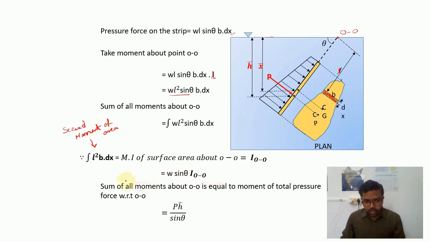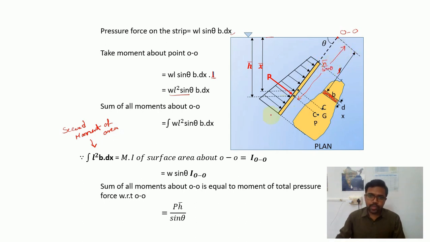It can also be written as the sum of all moments about OO is equal to the moment of the total force with respect to OO. The moment of force is P, the total force, multiplied with the perpendicular distance, which is h bar by sin theta.